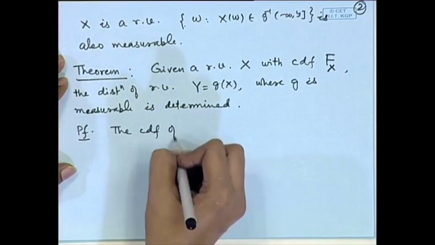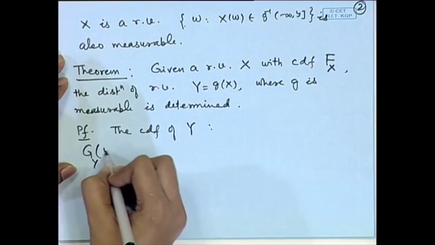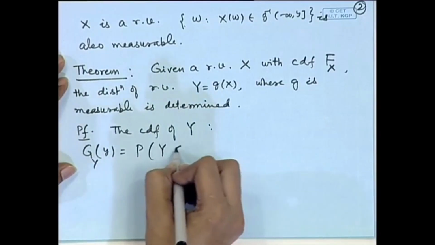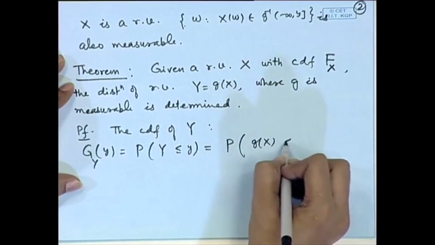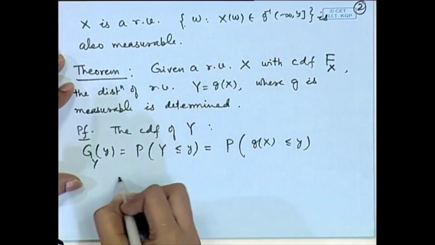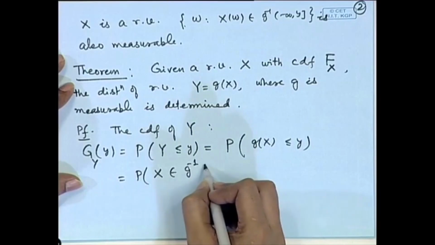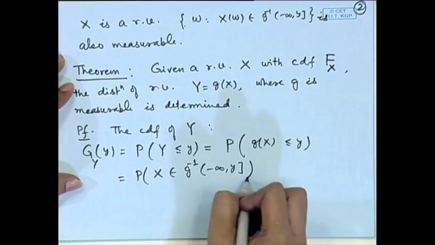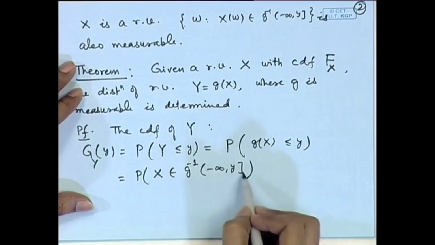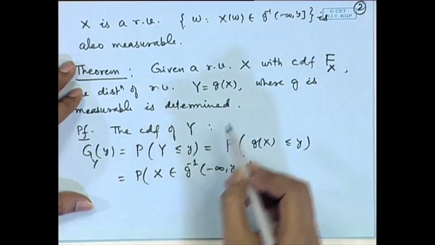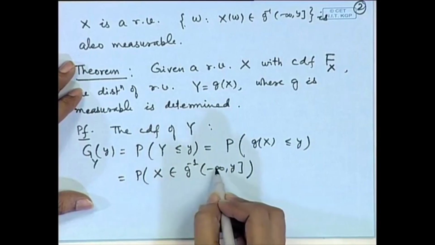So, let us consider the CDF of Y. Let me use the notation say G(y), that is probability of Y less than or equal to y. Now, this is equivalent to probability of g(X) less than or equal to y, which is equivalent to probability of X belonging to the set g inverse of minus infinity to y. Now, g inverse of minus infinity to y is a measurable set, and the probability distribution of X is well defined. Therefore, this probability can be determined.